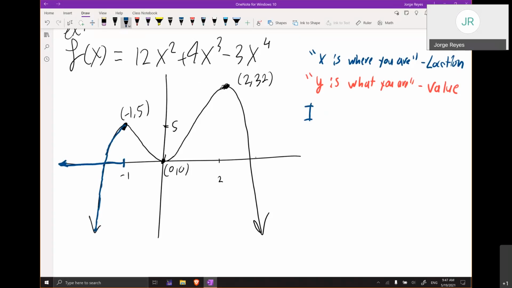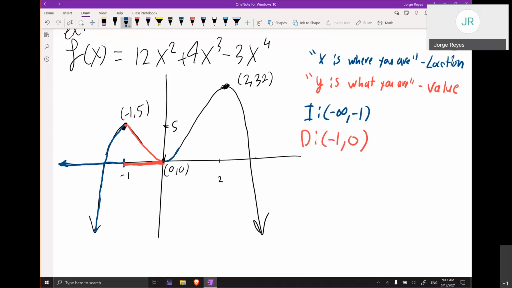So increasing from negative infinity to -1. And then what happens, right? So then at this dot, I actually start going down, right? Until I hit this dot. So from here to here, from -1 to 0, I am decreasing.